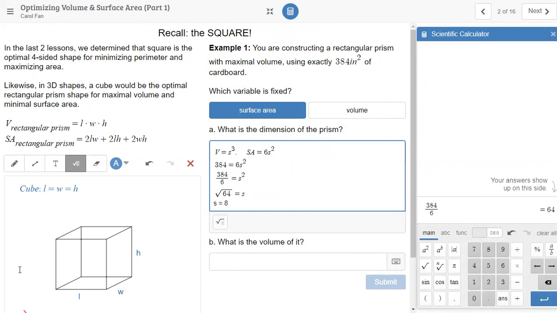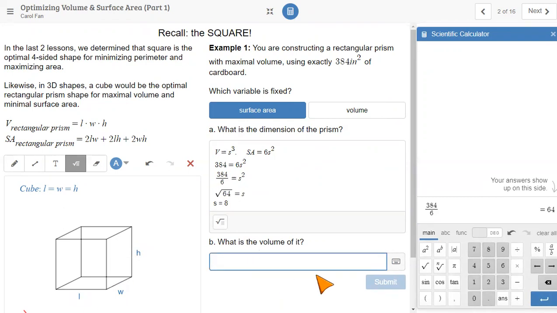Okay, so we know that this shape has to have 8 times 8 times 8. So what's the volume? 8 to the power of 3, and we have 512 inches cubed, or cubic inches.